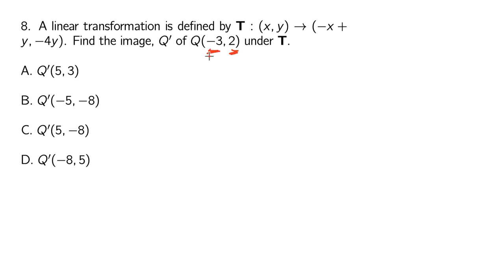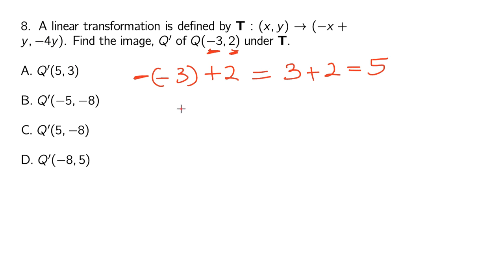Now minus 3 is going to be transformed into minus x plus y. Now what is minus x plus y? Minus x plus y is minus (minus 3), and then the y is 2. And what does that give us? It gives us 3 plus 2, which is 5. And then we have minus 4y.